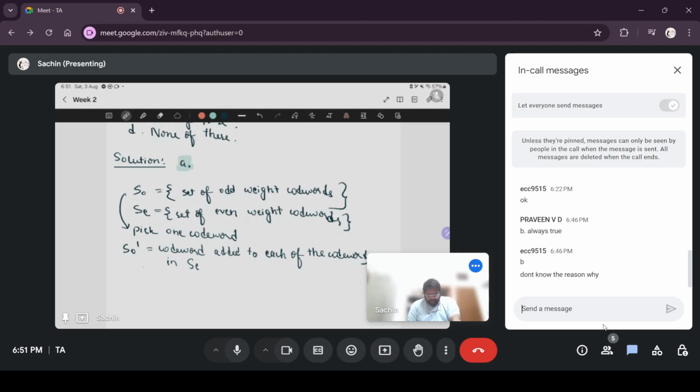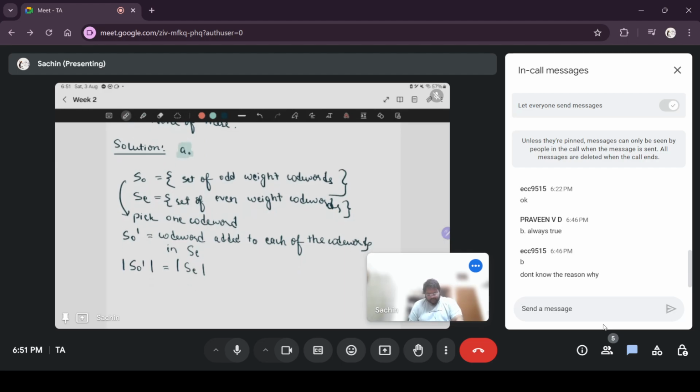So the cardinality, the number of code words in this set SO prime, will be equal to the number of even weight code words. Also, since you're adding an odd weight code word to an even weight code word, the end result will be an odd weight code word.